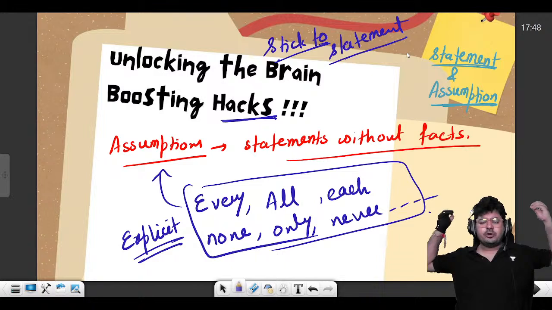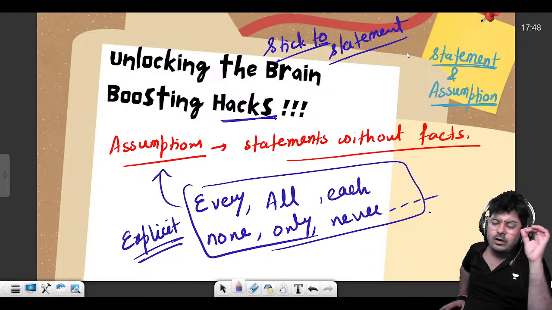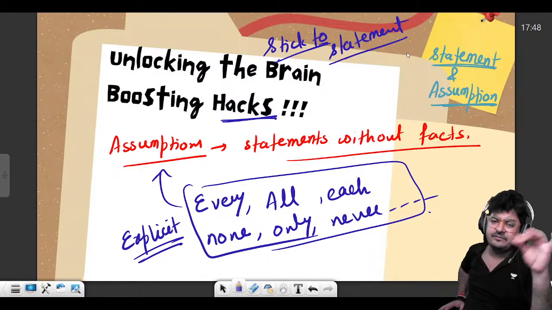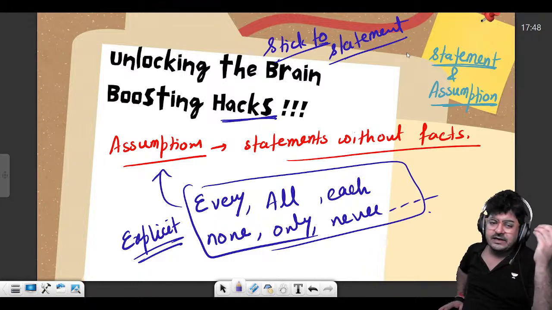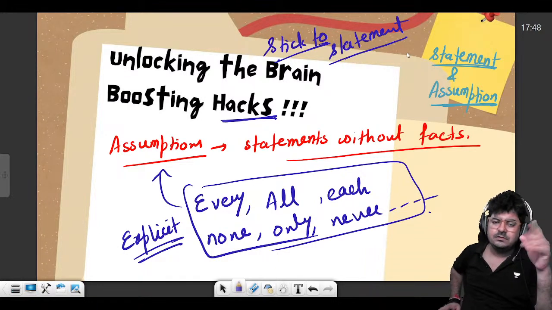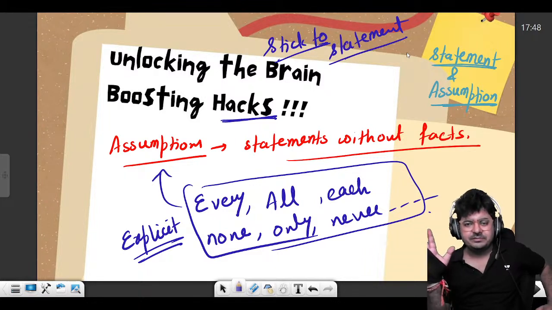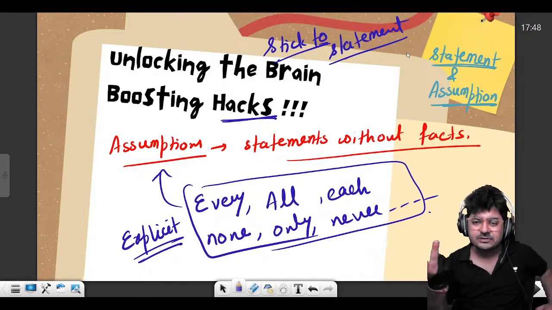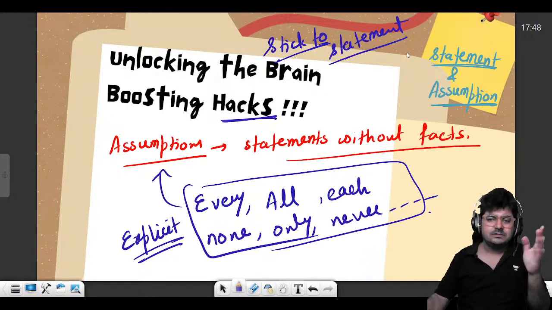You are not allowed to use your brain. अगर statement given है that in a parallel world on planet Earth the sun rises in the west, or there is sunrise at night, this is in the statement, so that is a fact. You cannot ignore it. दिमाग नहीं लगाना है, ये कौन सी दुनिया आ गई भाई जहाँ पे वेस्ट में सन राइज हो रहा है, हमने तो ईस्ट में ही सुना है आज तक। ठीक है, नहीं करना.